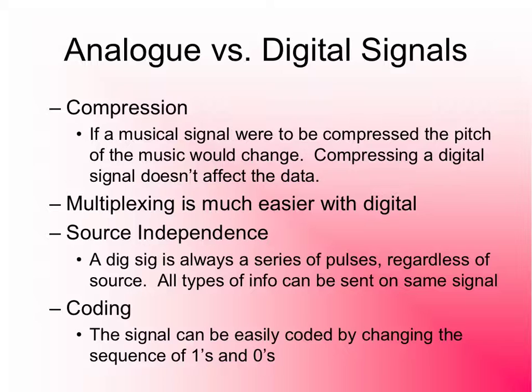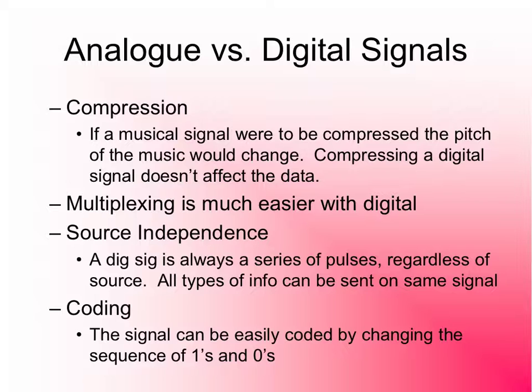You can't send a computer program on a VHS tape. You can't send a computer program on a vinyl record. It doesn't work. With digital signals, the signal is a signal and you can send any type of information. With analog, you have to have a specific type of medium for that particular signal.